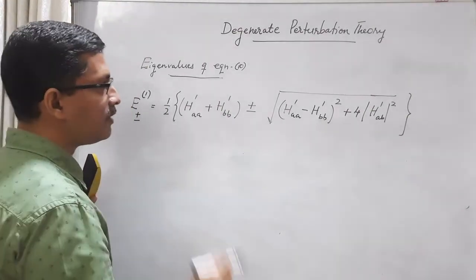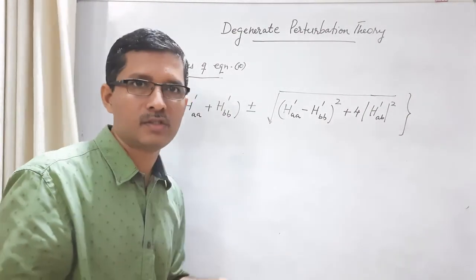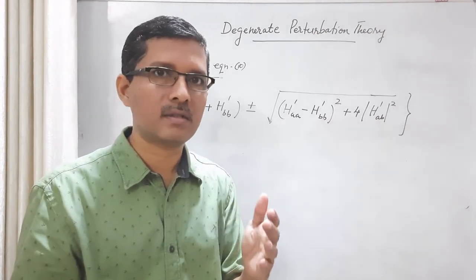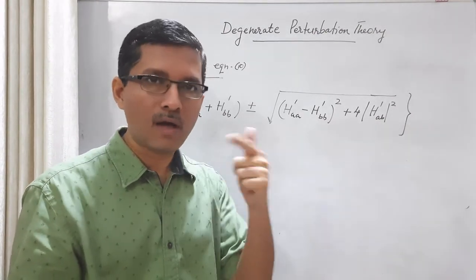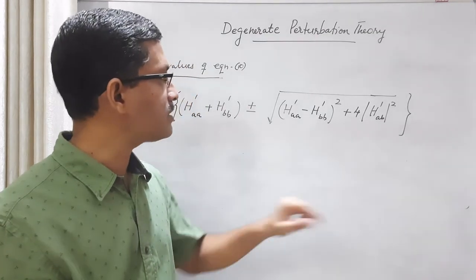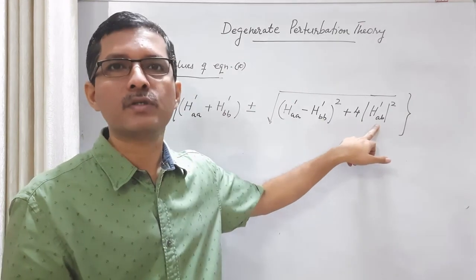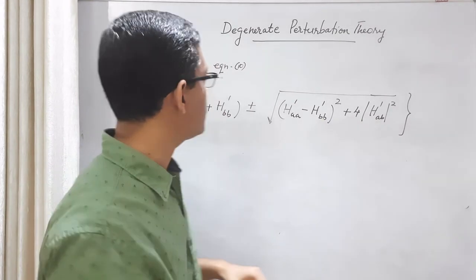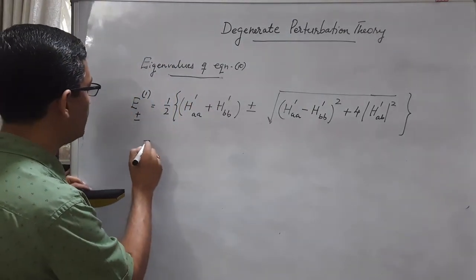So what we have seen is that when we make this choice, either alpha equal to 1 and beta equal to 0, that means psi 0 equal to psi a0, or alpha equal to 0 and beta equal to 1, that is psi 0 equal to psi b0, in both cases h prime ab will be 0. Now if the off diagonal elements are 0, let us see what happens to our energy eigenvalues.